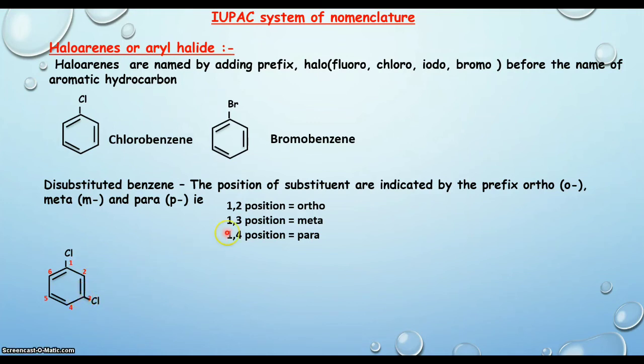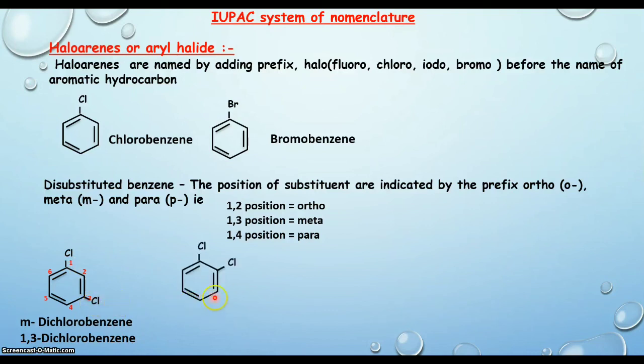So this is the 1,3 position of benzene. Therefore, meta prefix is used to name this structure. So m-dichlorobenzene is the common name for this structure. IUPAC name of this structure is 1,3-dichlorobenzene as chlorine is present on first and third position.